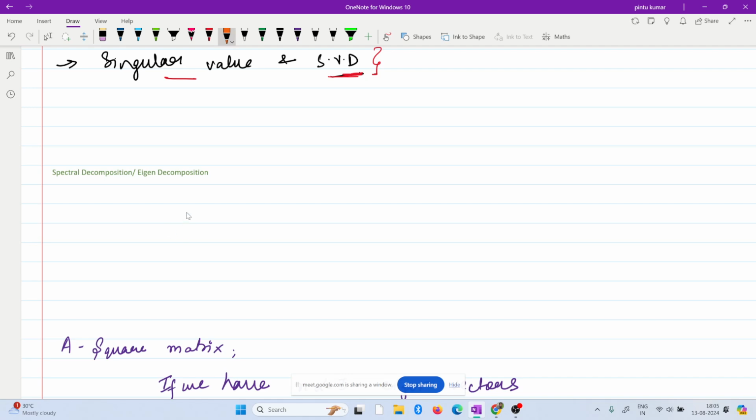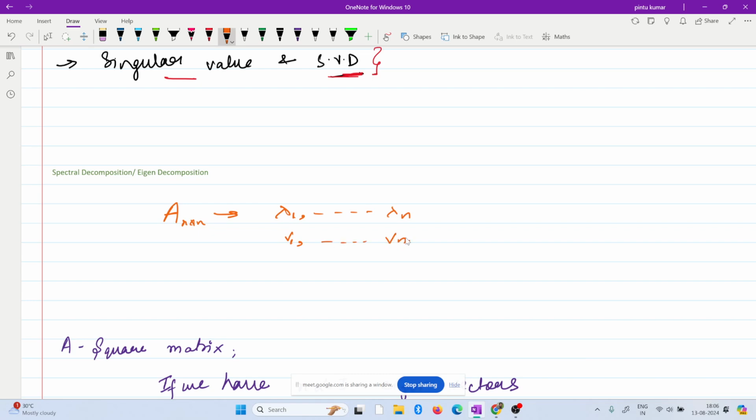Okay, so last time we discussed something. Let's say you have a matrix A. You found out its eigenvalues, let's say these are lambda. This is an n cross n matrix, and you found out n eigenvalues, and then you found out the corresponding eigenvectors.